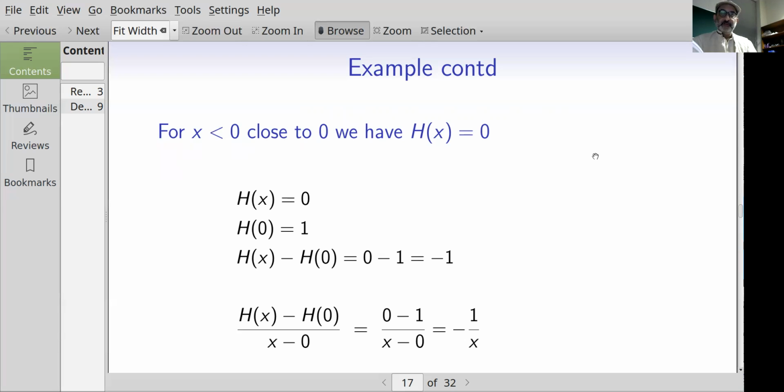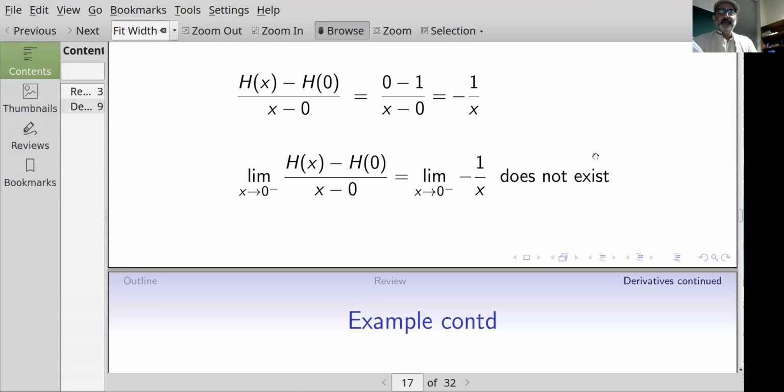Then the difference quotient is minus 1 over x minus 0, which is equal to minus 1 over x. So then the limit as x goes to 0 from the left of the difference quotient is the limit as x goes to 0 from the left of minus 1 over x. We've already discussed 1 over x as x goes to 0. So this does not exist.